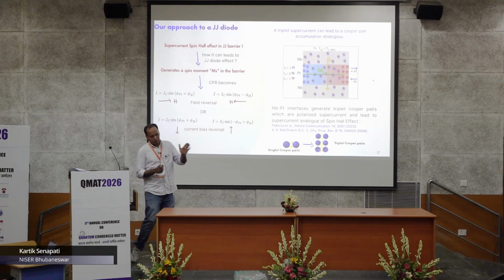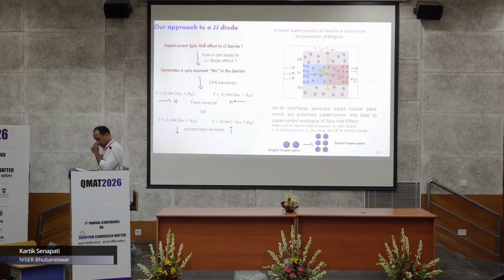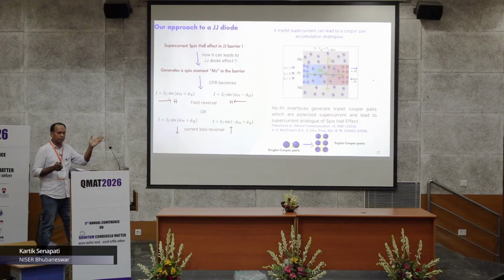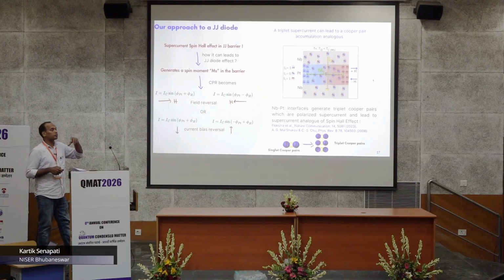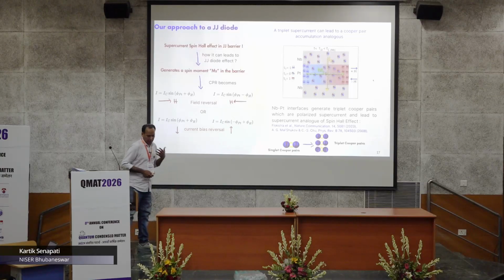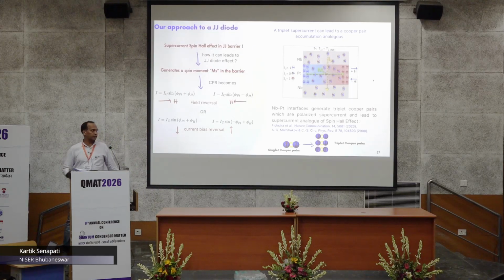Niobium-Pt, people have done muSR measurements to show that if you put niobium below the transition temperature of the niobium, you generate spin triplet pairs inside the platinum layer, up to a certain length.